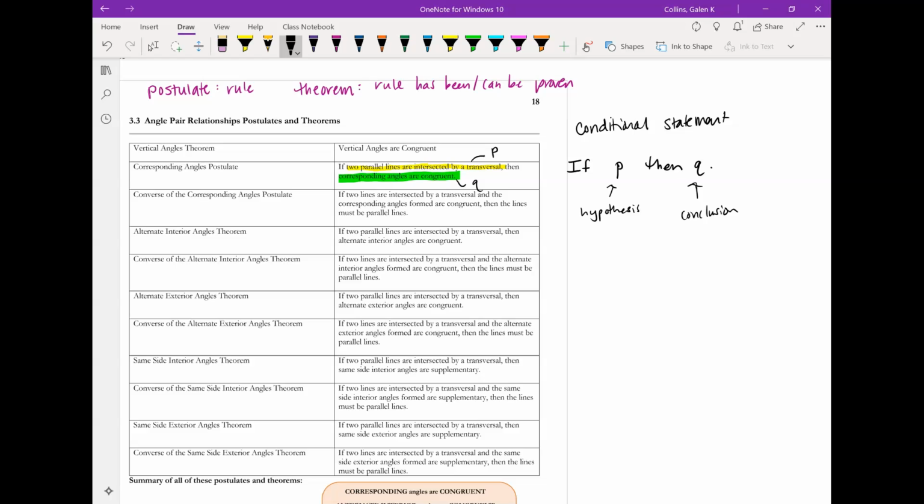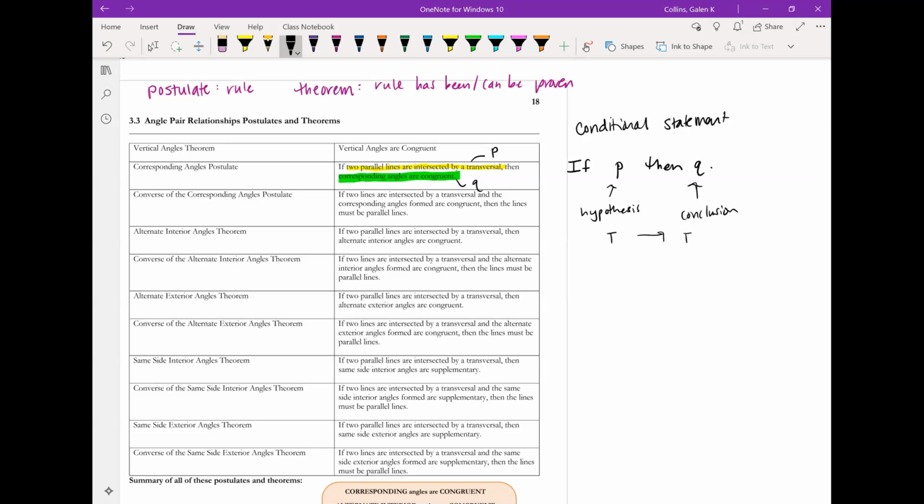And when we read a conditional statement, if the hypothesis is true, then the conclusion must be true. So if two parallel lines are intersected by a transversal, then the thing that must be true is that corresponding angles are congruent.